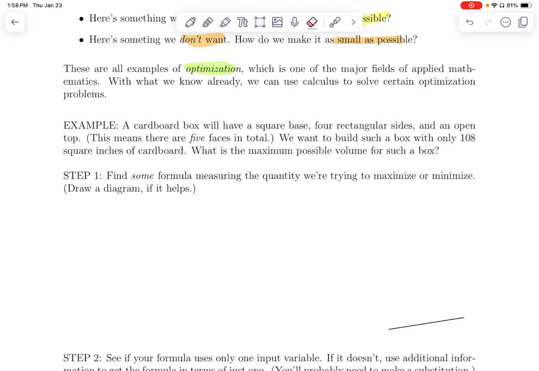Oh, sorry, I should have drawn the picture in advance. So here would be an example.